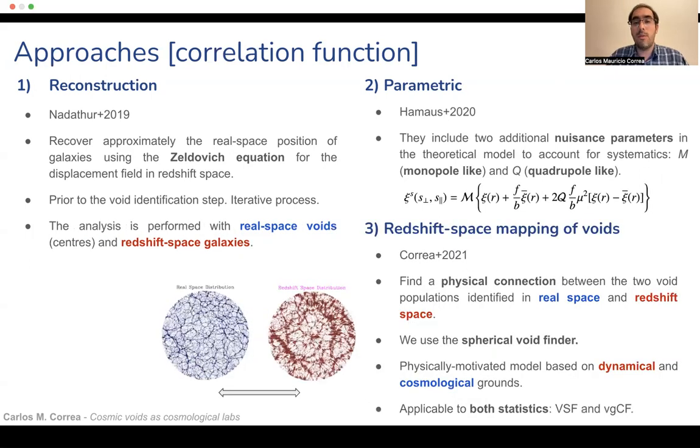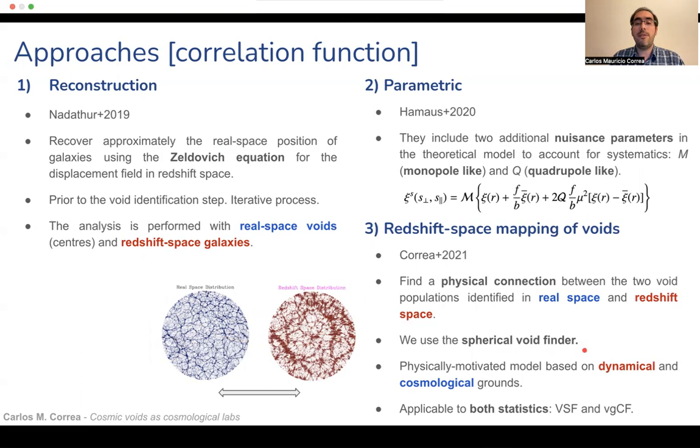So in this regard, we present the redshift space mapping of voids. More specifically, we try to find a physical connection between the void identification process in real space and in redshift space using a spherical void finder.